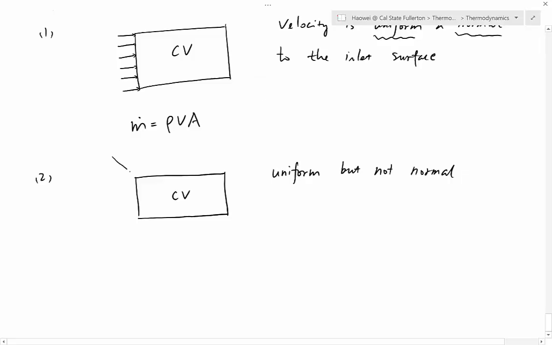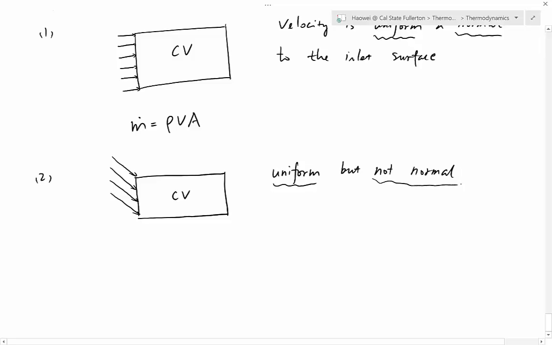So we can draw it like this. Uniform, meaning the magnitude of the velocity at each point is the same on the inlet surface. Not normal, so the velocity comes at an angle.